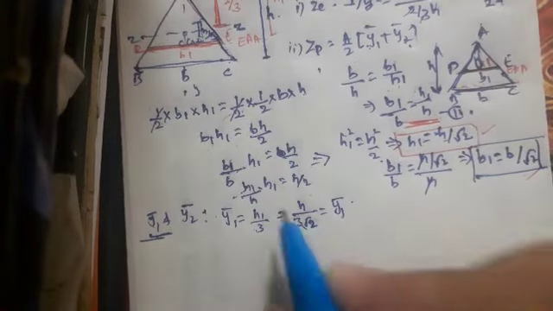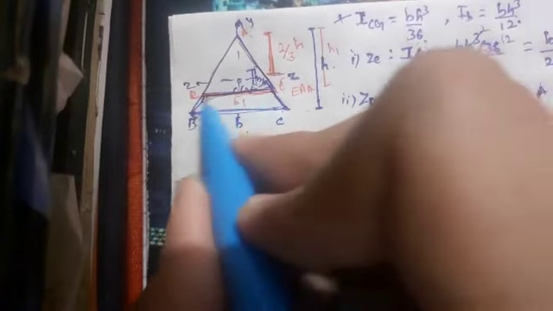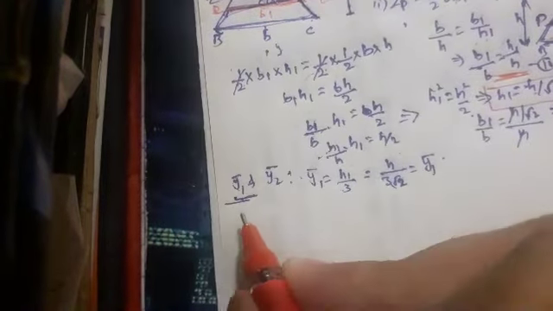Now we have to find y2 bar, but to find y2 bar, this is a trapezoid. So for that we have a note.